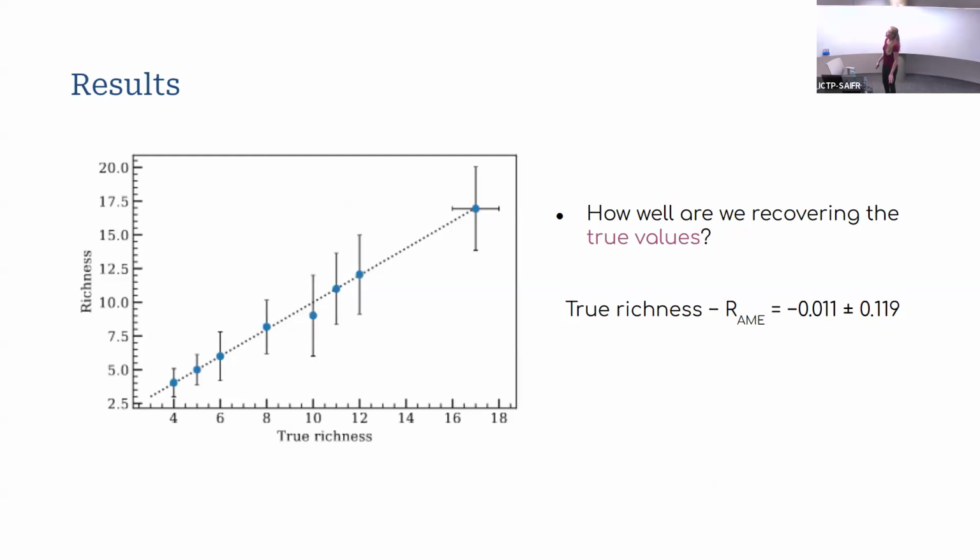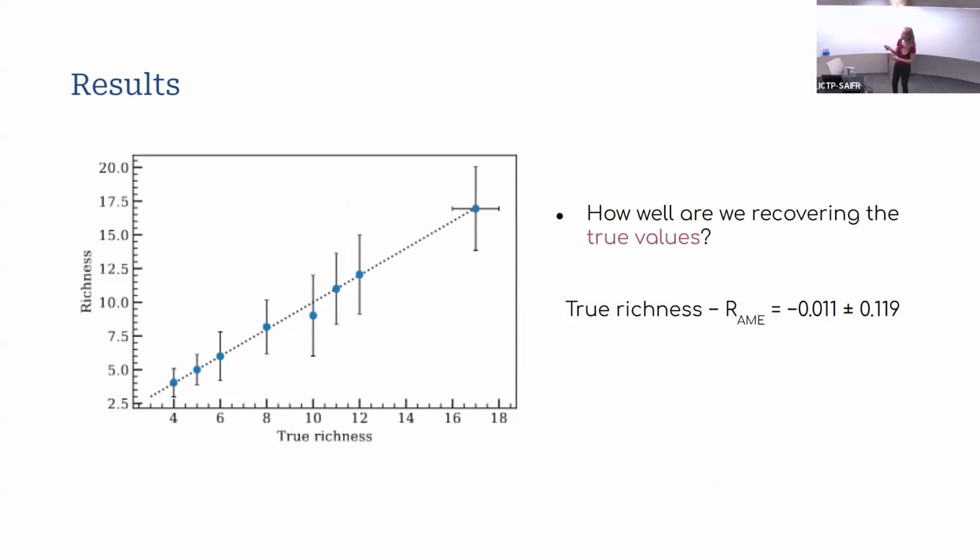Okay, so how well are we recovering these true values from the simulations? So here I'm showing you the richness that is calculated inside the characteristic radius compared with the ones that I calculated using my method. And as I mentioned before, you can see that for the true richness, we don't have errors in the x-axis. And that's because we have like 4 or 5 or 6 as richness.